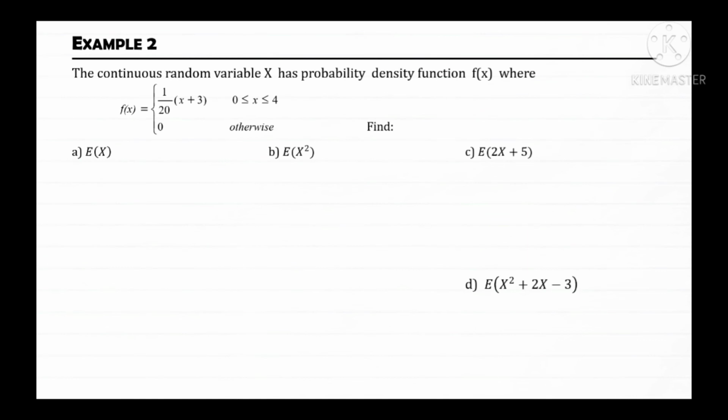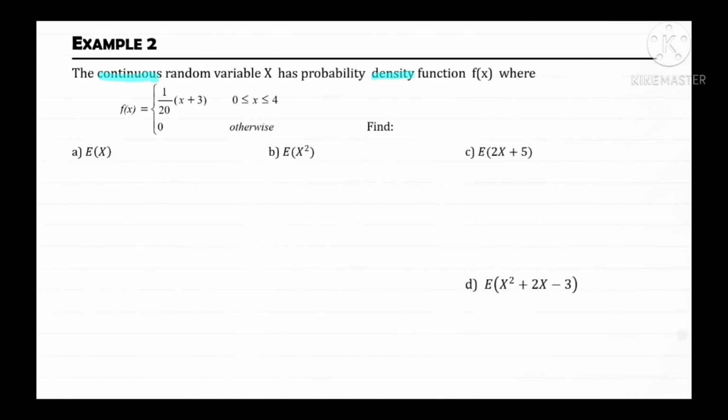Example 2. The continuous random variable x has probability density function where f(x) equal to 1 over 20 times (x plus 3) for x greater or equal to 0 and less than or equal to 4. This question mentioned both continuous random variable and probability density function, so this is a continuous random variable.